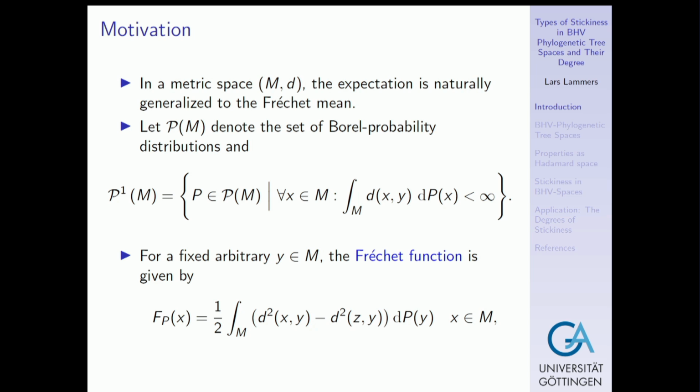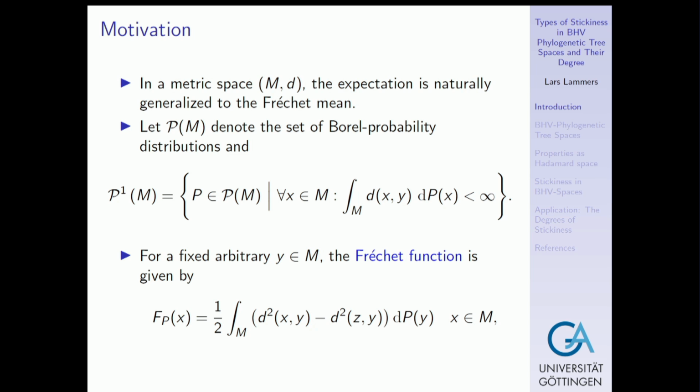As was already mentioned, if we have a distribution with a finite first moment, we can define what we call the Frechet function down here. Note there's a slight difference to before. We rescale with a factor of a half, and also we subtract this second term here, which is arbitrary.